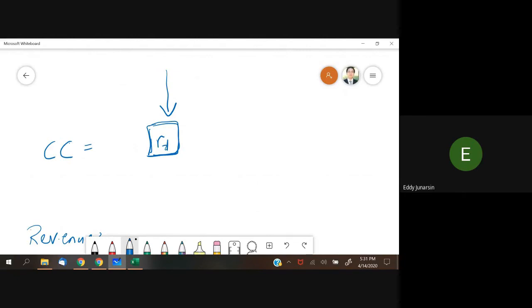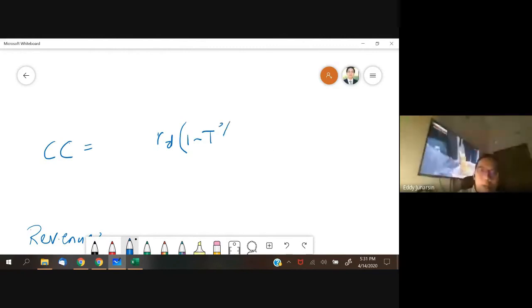That's why cost of debt will get the tax discount to reflect the tax benefit brought by the debt financing. So the net cost of debt is the usual or normal cost of debt that has been deducted by tax, right? So it's tax deductible.